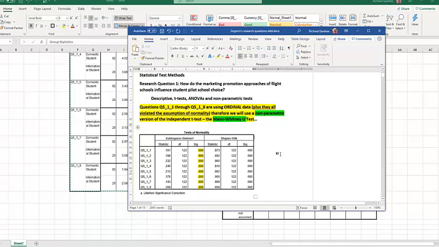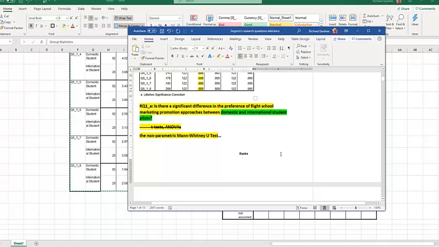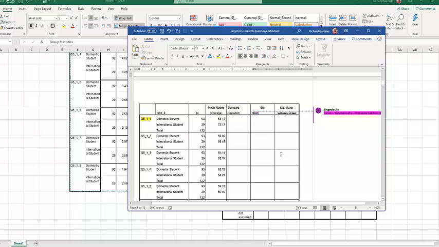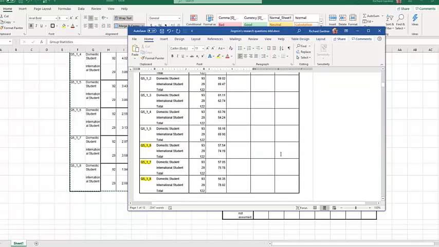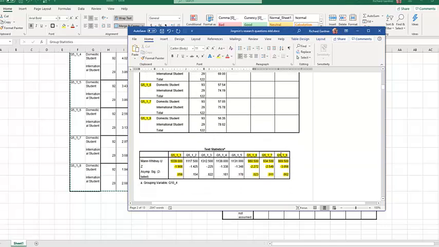I will show her to see which one she likes. So shall we continue? Yes, let's continue. But I'm concerned. So if she wants you to run a t-test, we'll run a t-test.